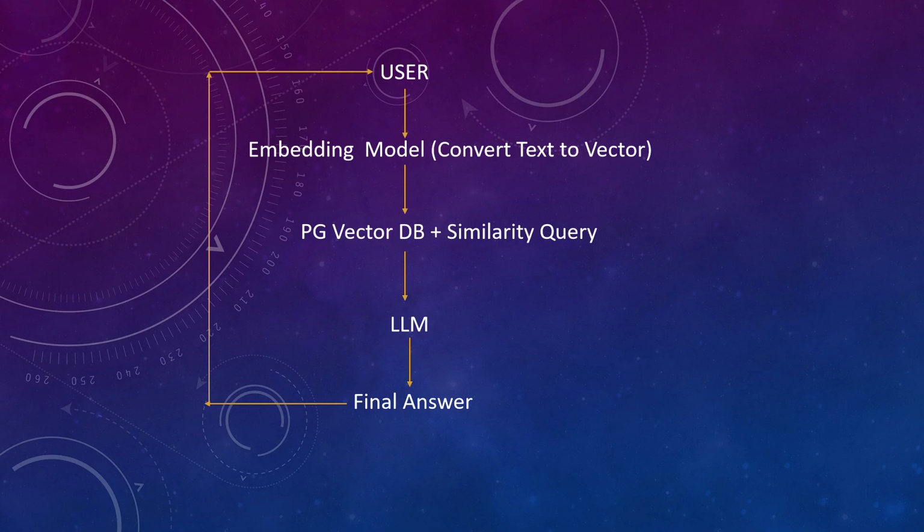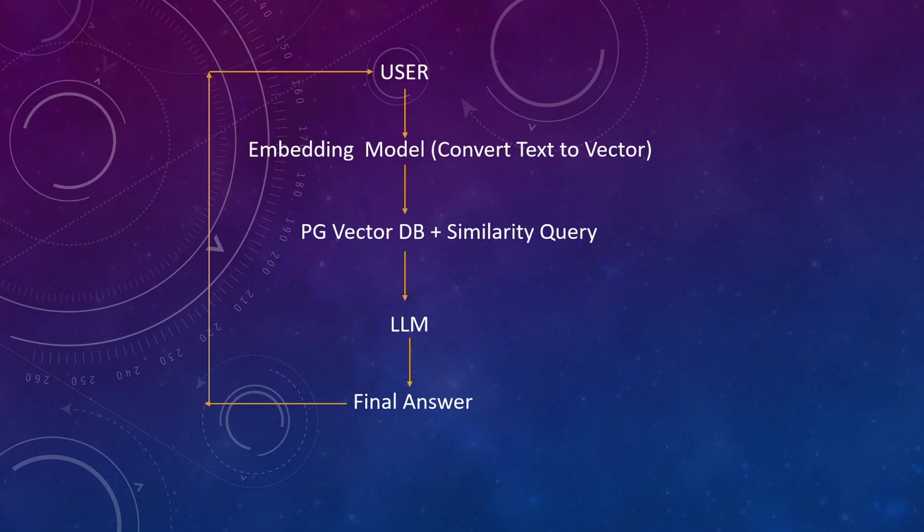So the embedding model will convert the text to vector. Based on those vector conversions, we will query the vector DB. So for what is stream API, it will be converted to vector embeddings. I mean, some numerical representations will be generated, and based on those numerical representations, we will search the vector DB.